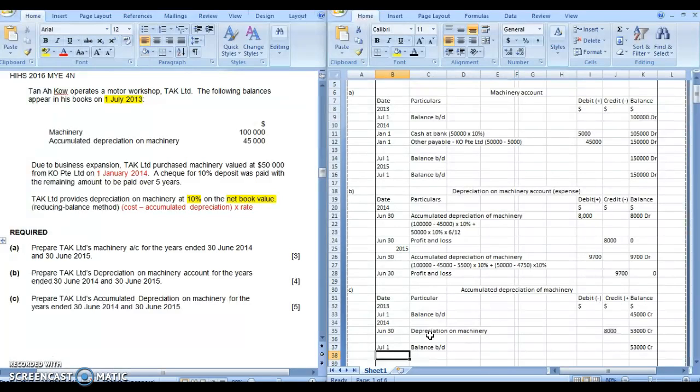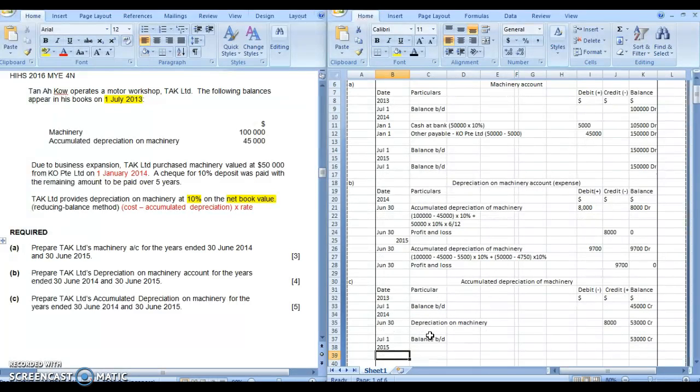Once that's done, we are going to the last day of the second financial year, so this will fall on the 30th of June 2015. So we will have this line of entry, and the amount will be 9,700. So having done that, it will bring us up to 62,700 credit.